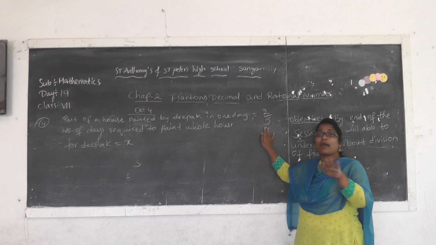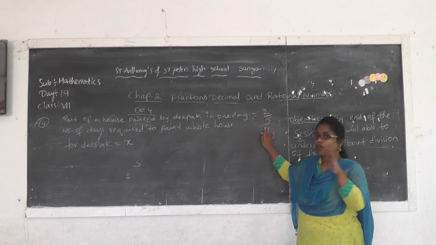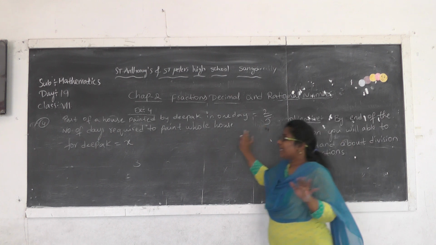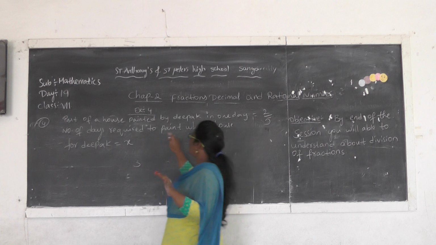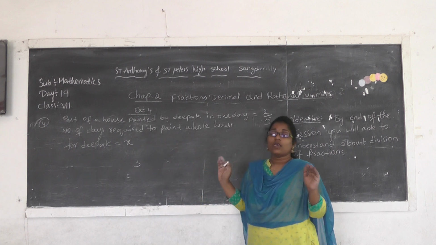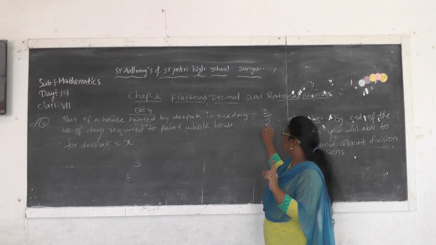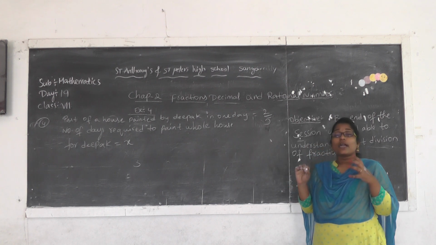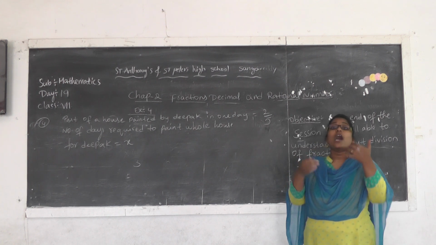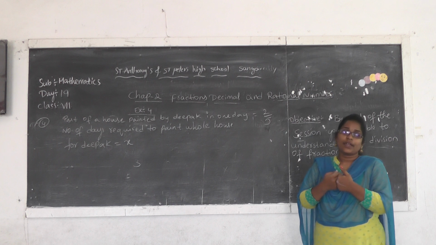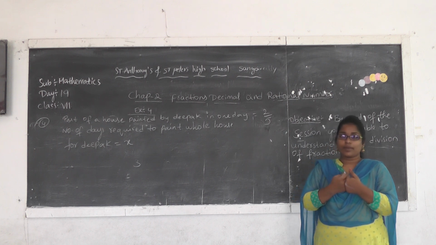Per one day, how much part did he finish? 2 by 5 part of his house he painted. Next, number of days required to paint the whole house. Means, per one day he finished 2 by 5 part. To complete the whole house, how many days will Deepak require? This is the question. Are you able to understand?